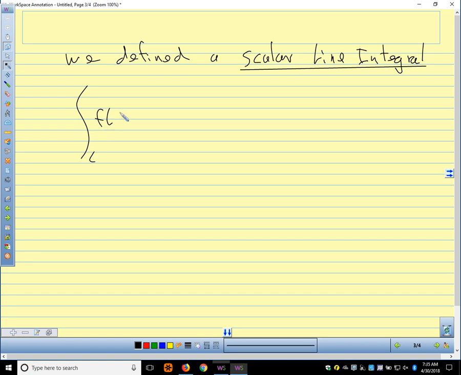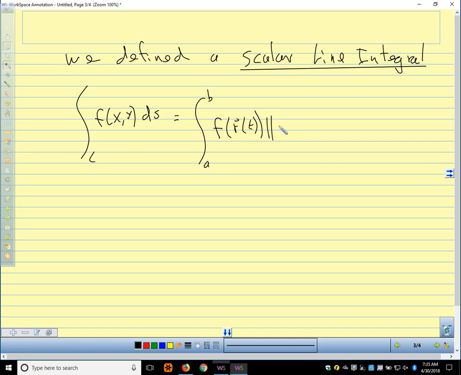The integral of f of x y ds was the integral from a to b of f of r of t, so we parameterize our curve, times the magnitude of r prime dt. So what we're doing here is multiplying some function value times a little piece of length, and then we're summing that along the curve.